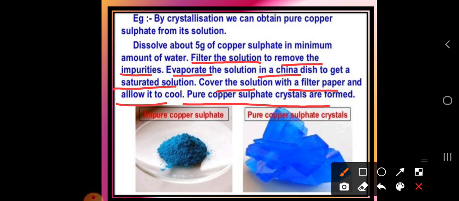This is the procedure to get pure copper sulphate crystals from an impure copper sulphate solution. This is the crystallization process where we obtain solid crystals from their solution.